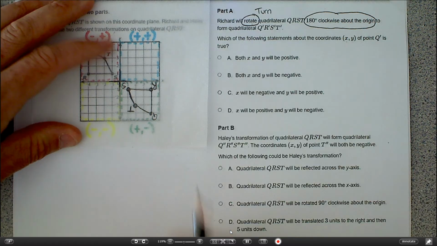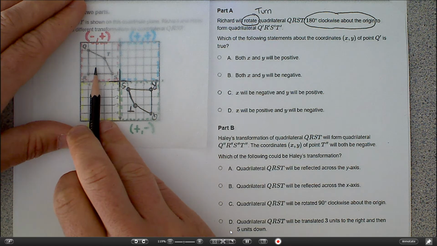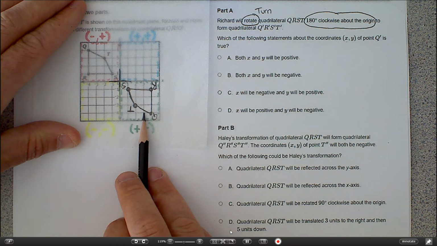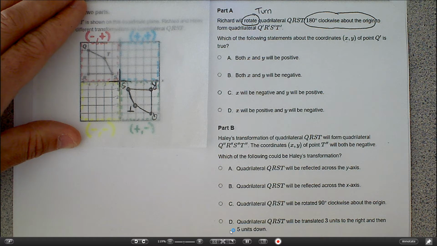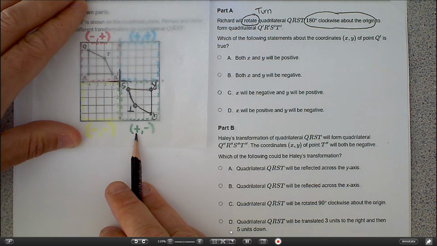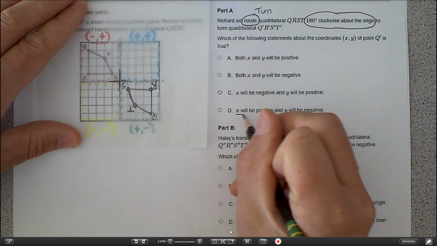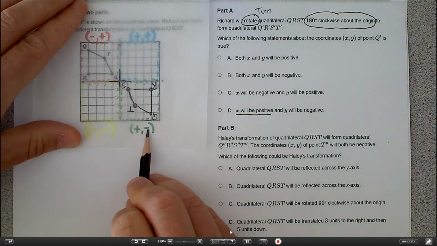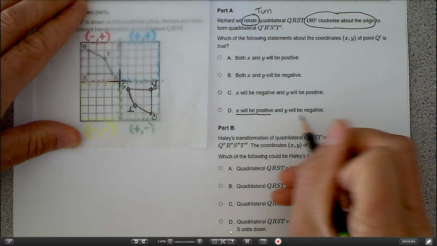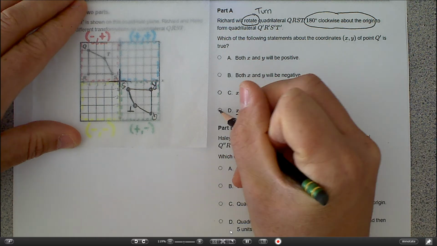And then if I keep spinning it and go another 90 degrees, that's 180 degrees. And I can see that my shape will start here and end up in that green quadrant. And what do I know about the green quadrant? The X coordinate's positive, and the Y coordinate is negative, making D our right answer here.